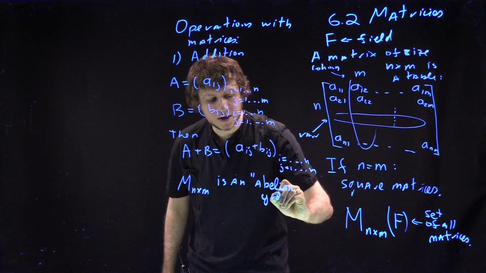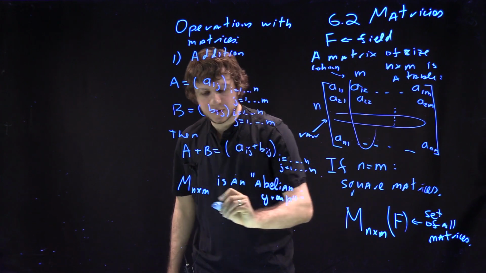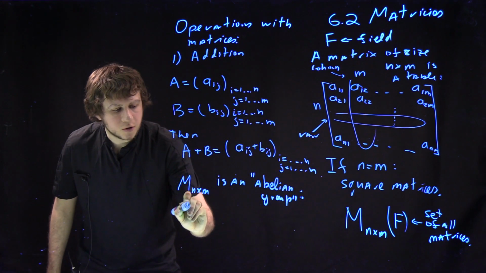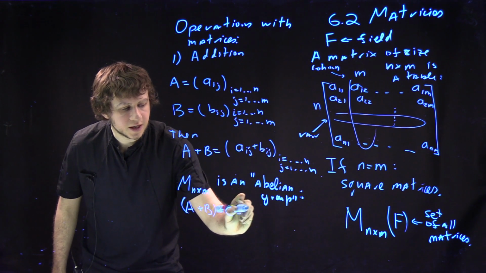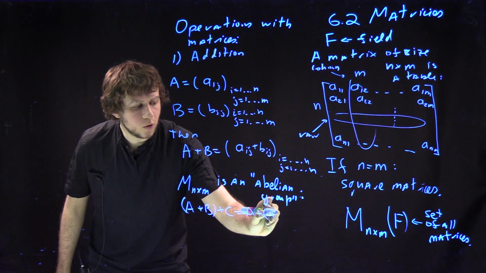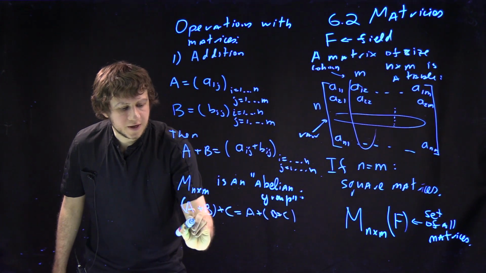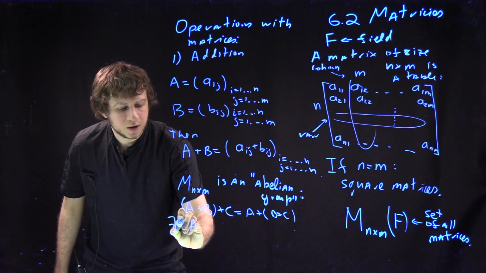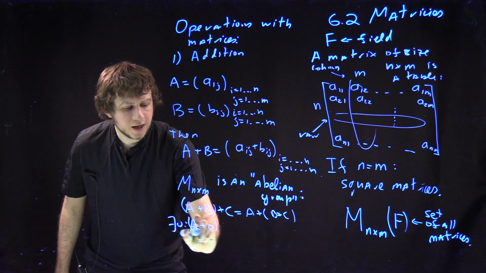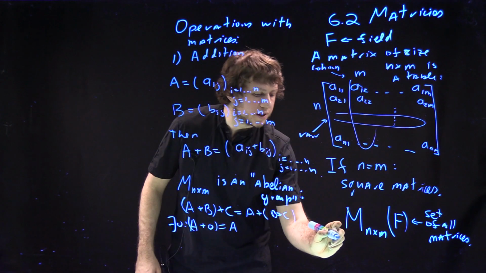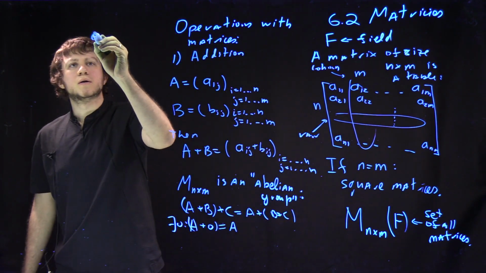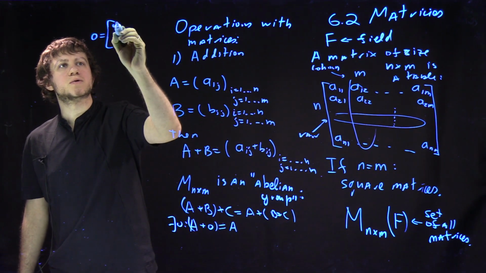Group. So what it means is that the following axioms are true. (A plus B) plus C is A plus (B plus C), so all the usual properties of addition. Then there is zero such that A plus 0 is A, and 0 is the usual notation for the matrix where you have zeros everywhere.